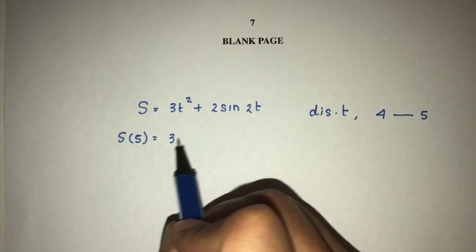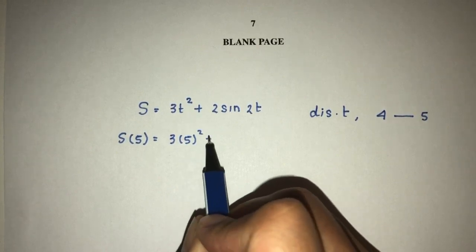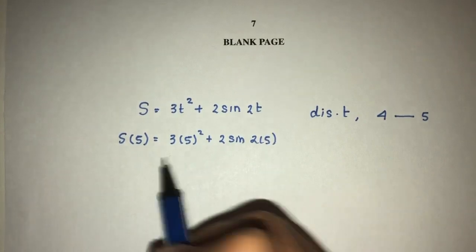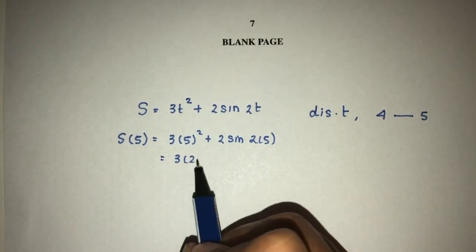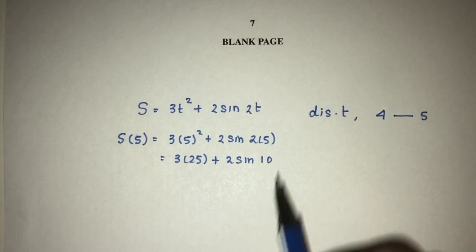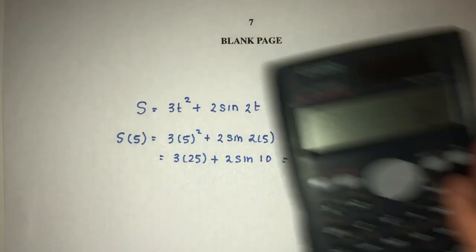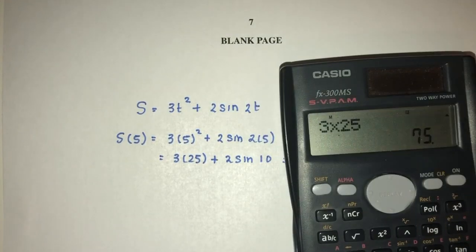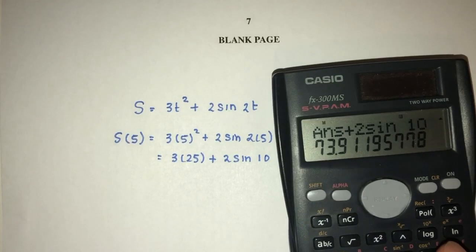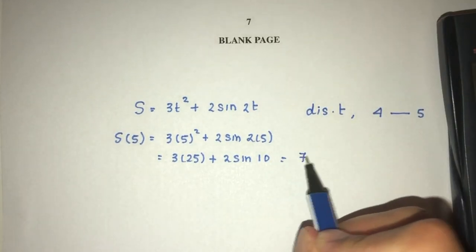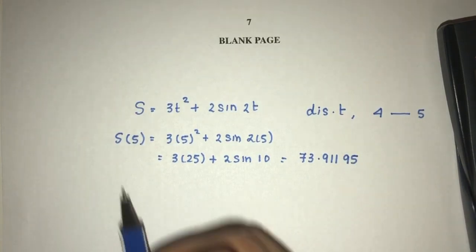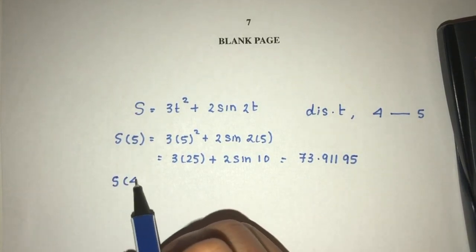That will be 3 times 5 squared plus 2 sine 2 times 5. That will be 3 times 25 is 75 plus 2 sine of 10, that will be 73.91195.